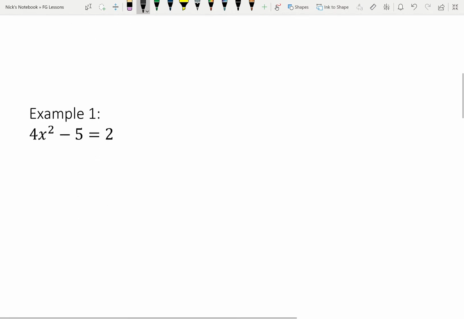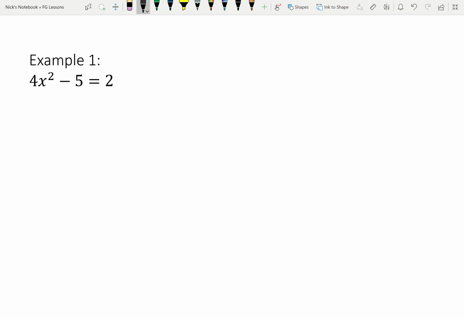All right, example number 1. First thing we've got to do, just think about first solving for that x squared. Just like with any solving problem, let's get the x squared by itself, this isolation. So when we do that, what we're going to do is add that 5 over.